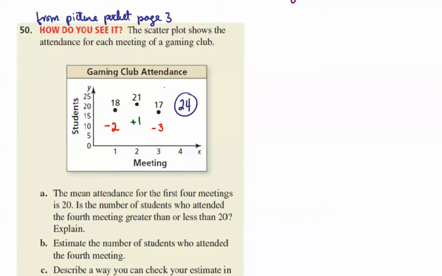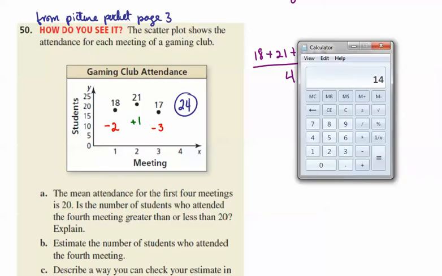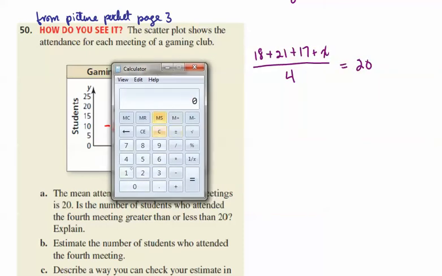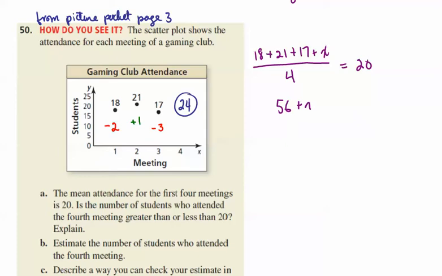So let's go ahead and actually calculate this out. We have 18 plus 21 plus 17 plus the missing 4th meeting. We're going to divide by 4, and we want to hit an average of 20. When we add up the attendance numbers that we do have, 18 plus 21 plus 17, that gives us 56 for those that we know, plus the missing fourth meeting's attendance divided by 4.